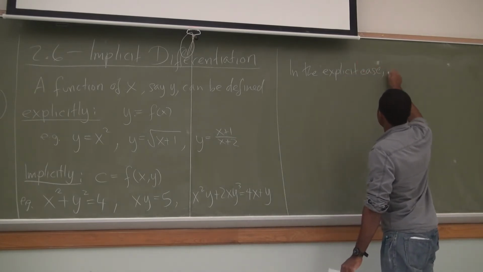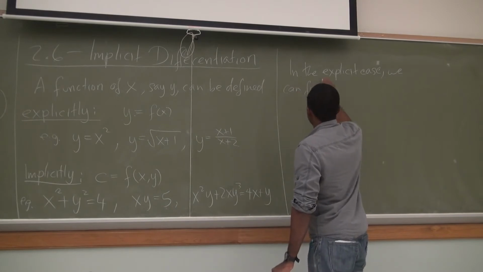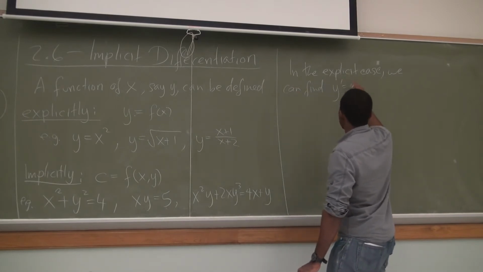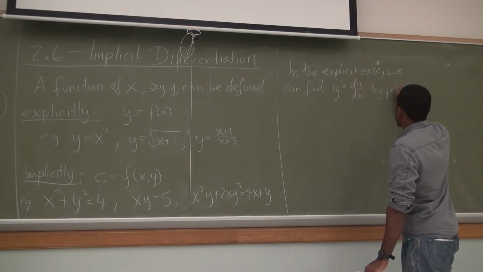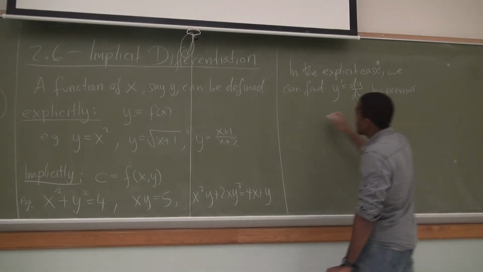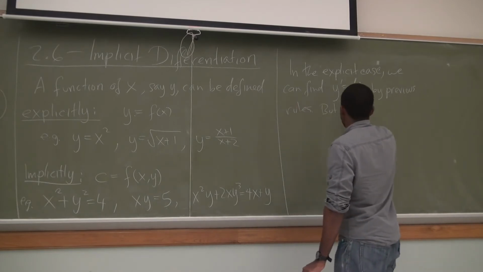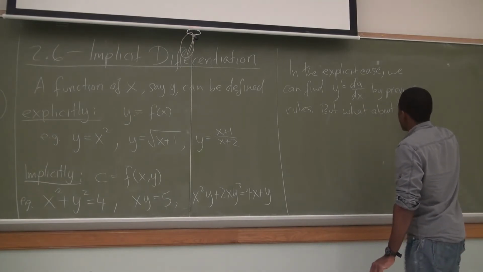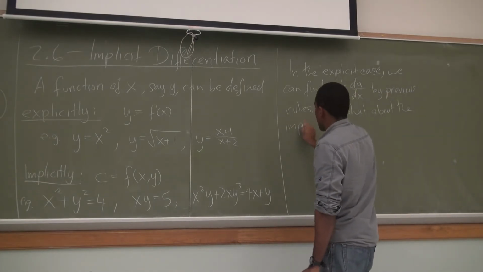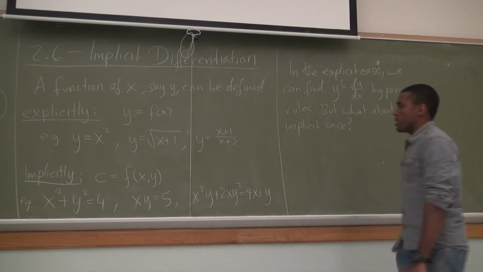In the explicit case, we can find y prime equals dy dx by previous rules. What about the implicit case?